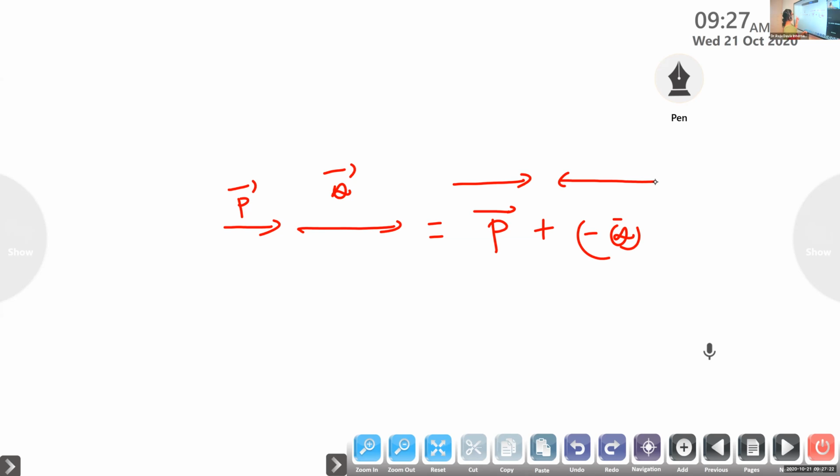Which vector is bigger? Is p the bigger vector or q the bigger vector? Tell me, children, how can you identify the direction of the resultant vector in this case?